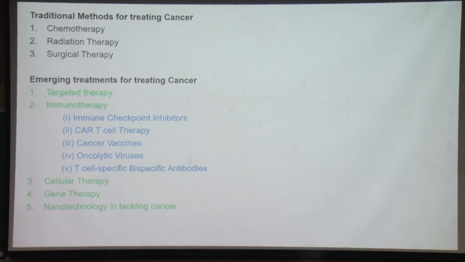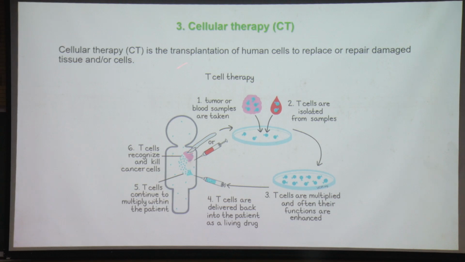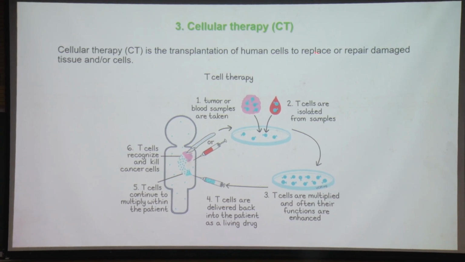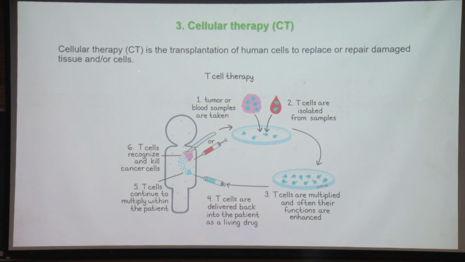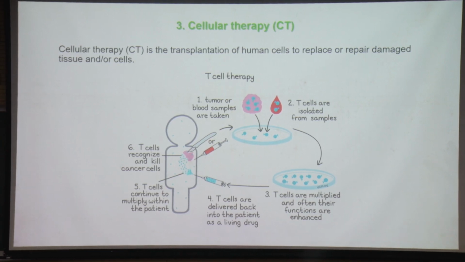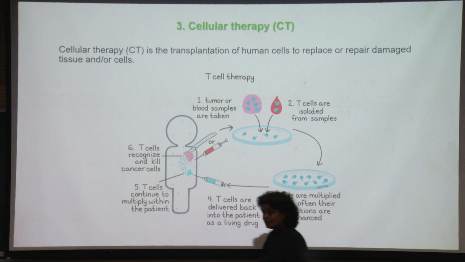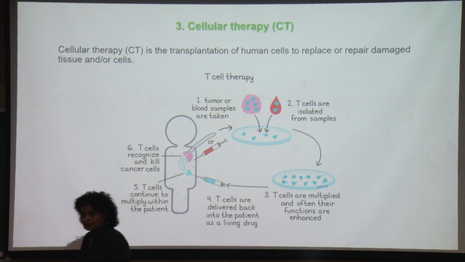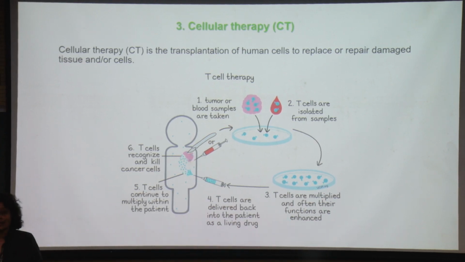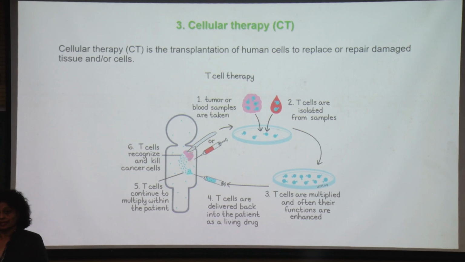I briefly told you about this thing. So cellular therapy is a transplantation of human cells to replace or repair damaged tissue or cells. So remember somebody said that in leukemia, right, T cells can be affected, or in some cancers you have very few T cells left.